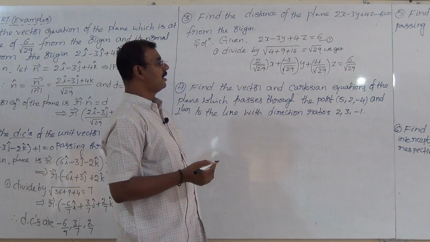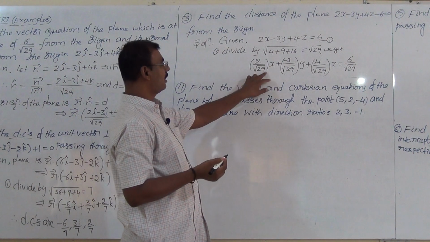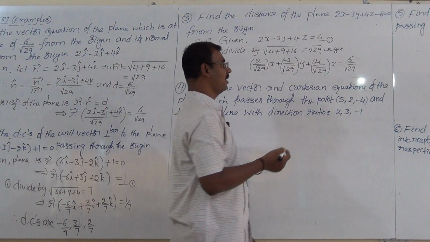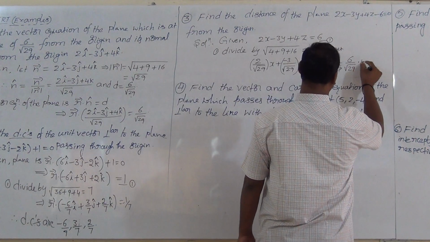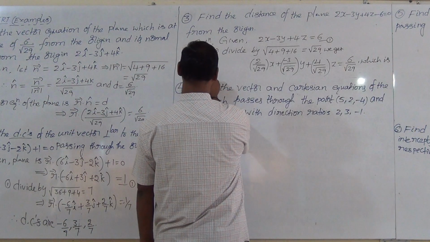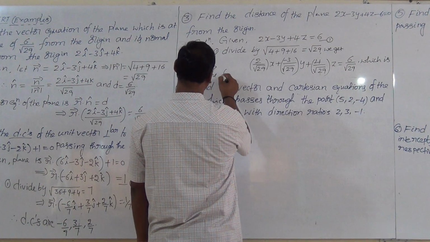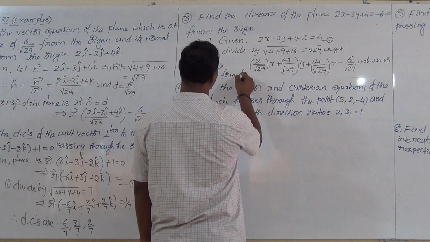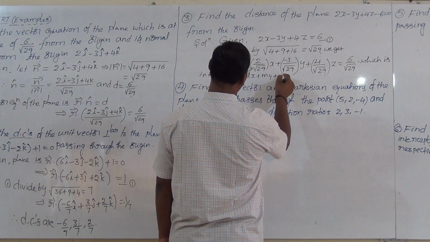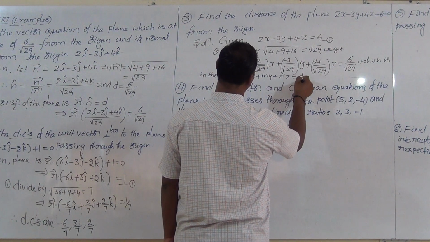So this is in the normal form, lx plus my plus nz is equal to d.